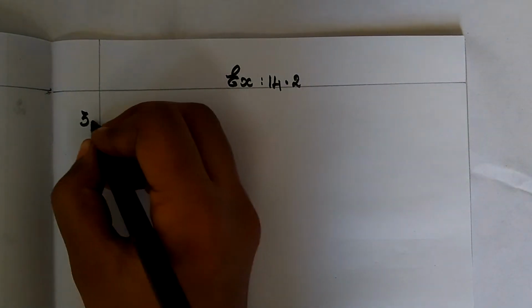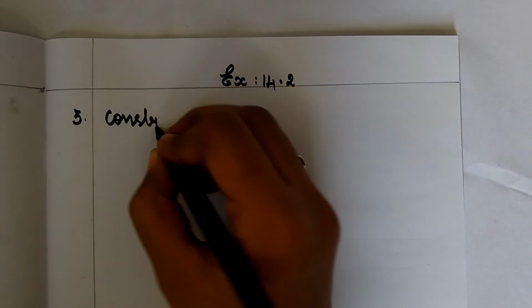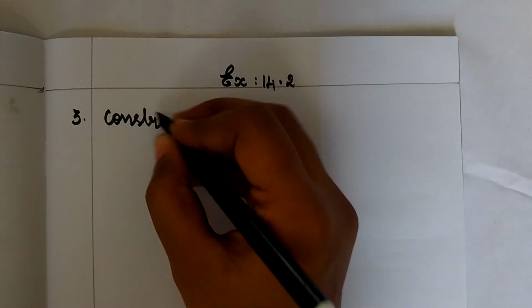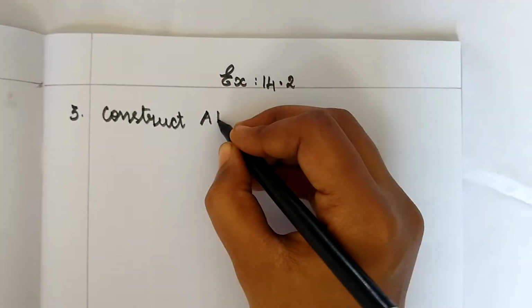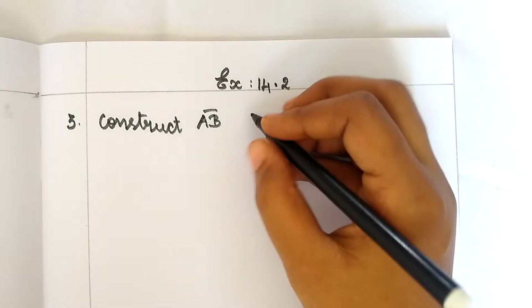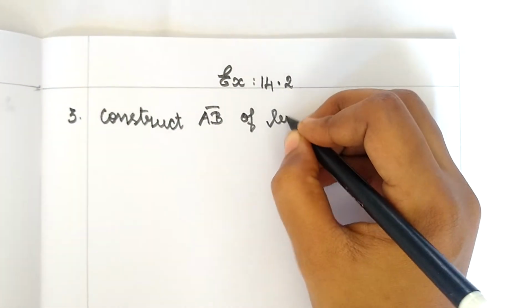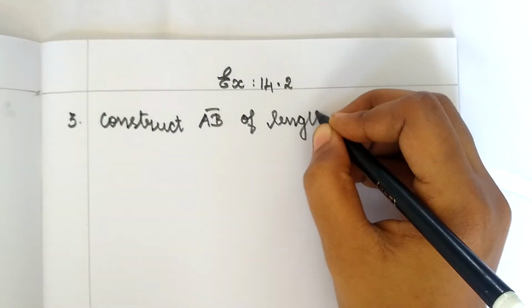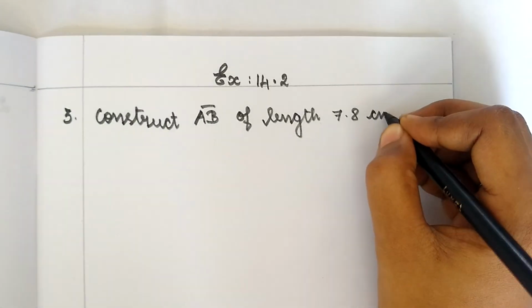Question number 3. Construct line segment AB of length 7.8 centimeter.